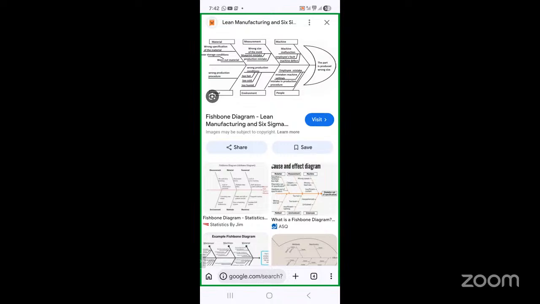And if you think that measurement is 40%, then it will be 0.4. Is it clear to all of you? In total, we have to calculate on a 100% scale. So the total of the six factors should be 100%.